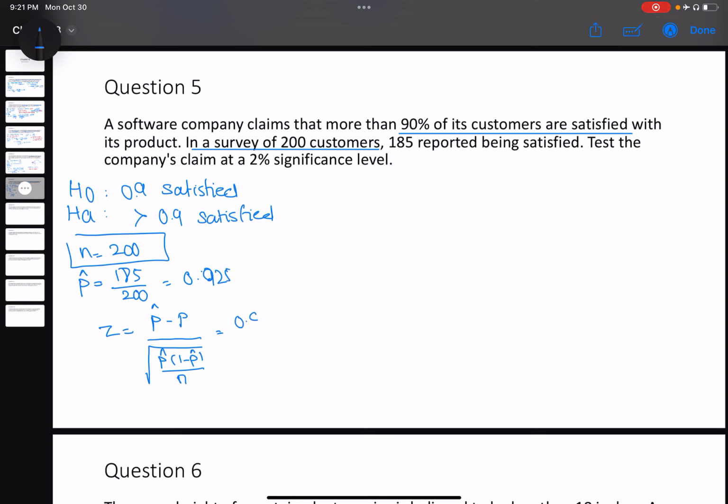So here, 0.925 minus the proportion in the hypothesis, 0.9, divided by the square root of 0.925 times 1 minus 0.925, which equals 0.075, divided by n.